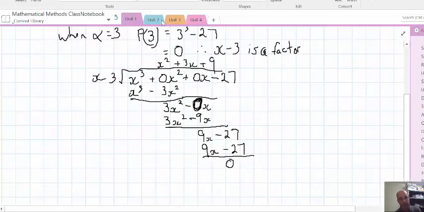I've gone through and completed that nice and quickly. Just a moment ago I made a correction there. That was written in as a plus before, it's minus there.